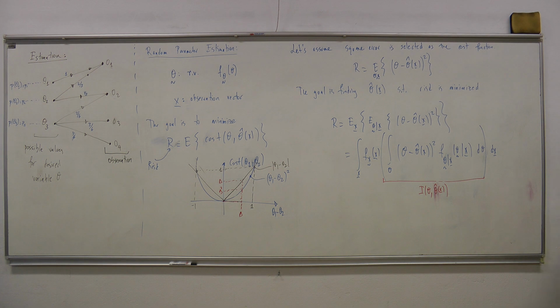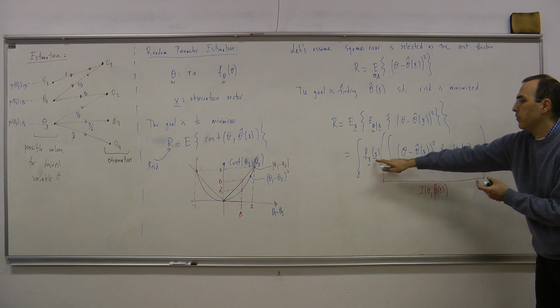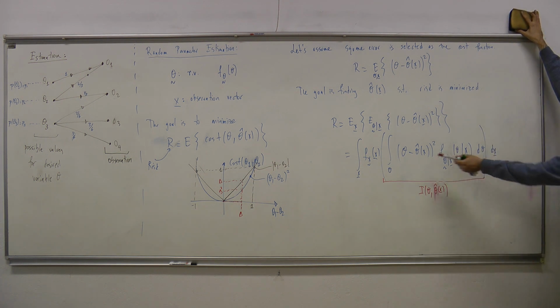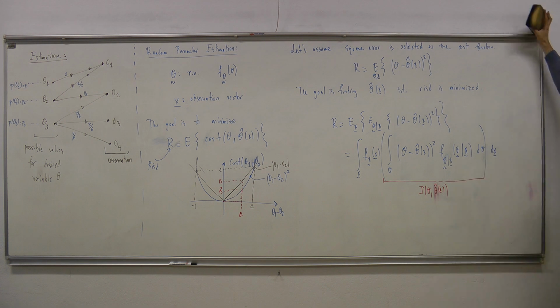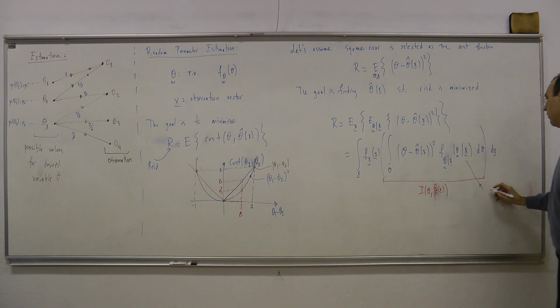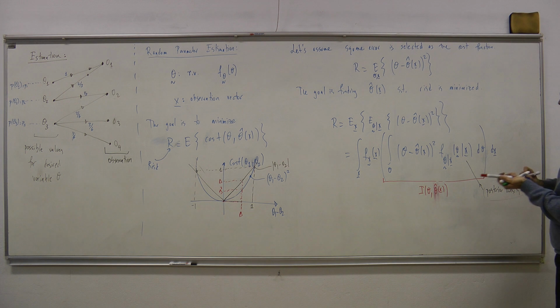It will of course be minimum because we piecewise minimize all possibilities for different x values. That is a critical observation, and it all depends on this conditional expectation. And this is nothing but, no surprises, what we previously defined as the posterior density.